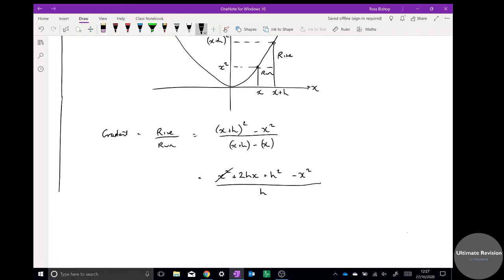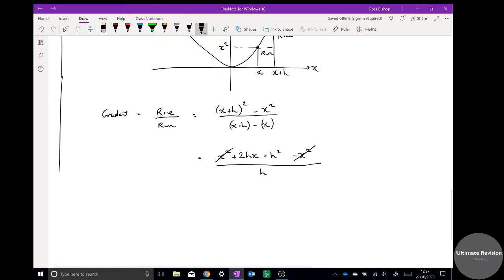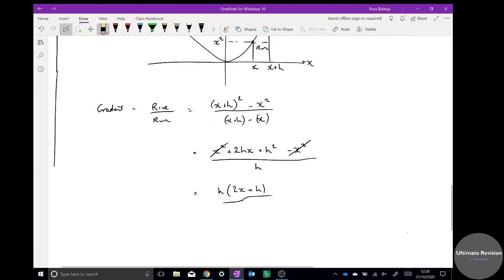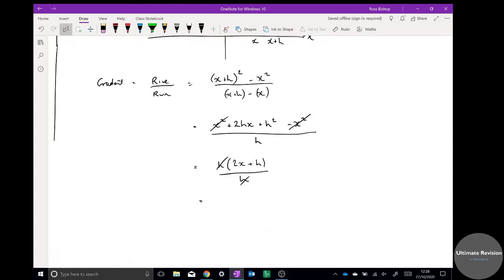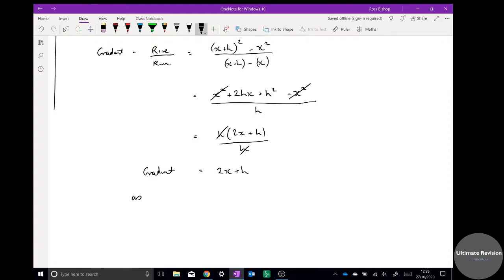Now the x squareds cancel quite nicely. I can then factorise the top. And the h's cancel. And I get a gradient that's equal to 2x plus h. And as h tends to 0, the gradient will equal 2x.